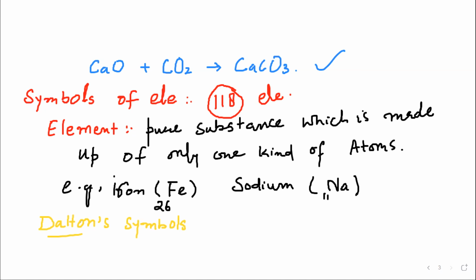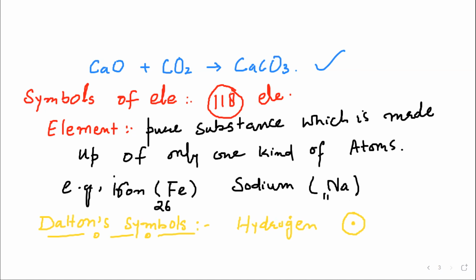First you have to learn how Dalton gave the symbols for various elements. For example, hydrogen is the first element of the periodic table, which we have to study in detail ahead. Its atomic number is 1. Dalton gave its symbol as a circle with a dot inside it.